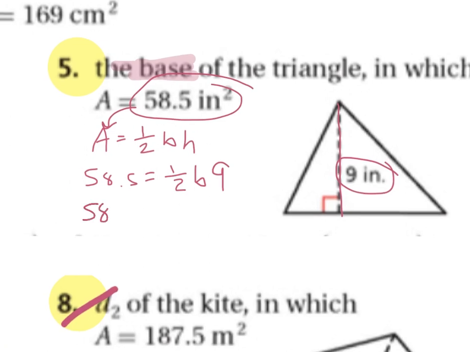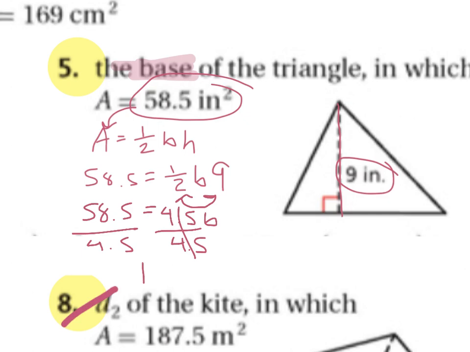So we have 58.5 is equal to, we can multiply the 1/2 and the 9 together. So we have 4.5b. And then we're going to divide both sides by 4.5. It'll cancel out on the right, so we just have 58.5 divided by 4.5, which is 13.